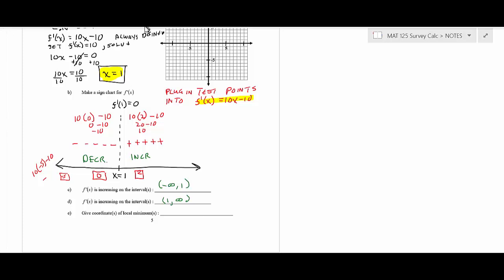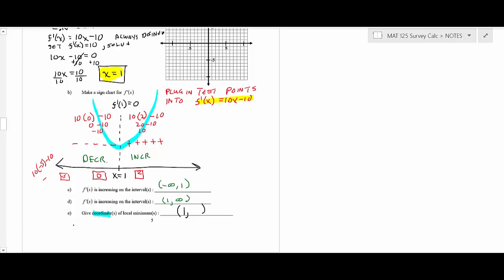A lot of times on a problem like this you can just draw a little graph. This graph has to decrease, hit a low point, and then increase. So it's going to have a minimum, and we're going to find the coordinate of that minimum. That minimum has to occur at x equals 1. You can tell that's a minimum based on the sketch of the graph I drew.